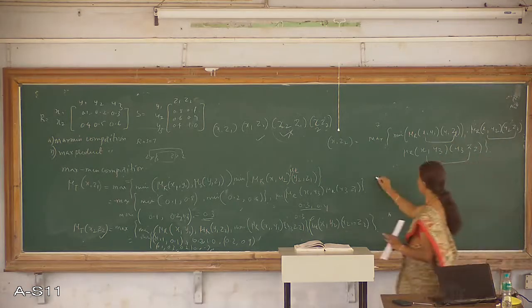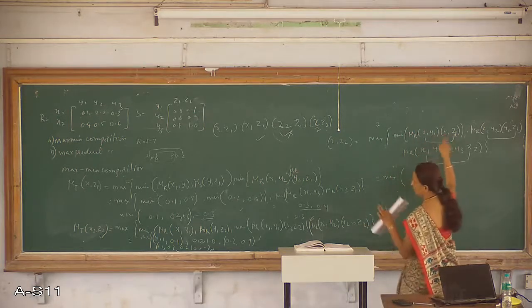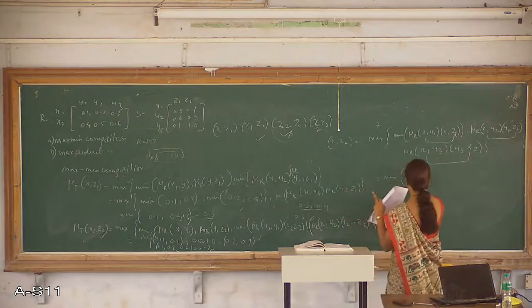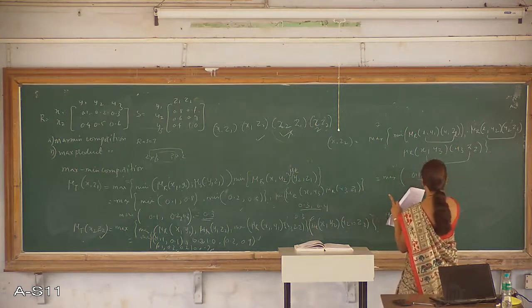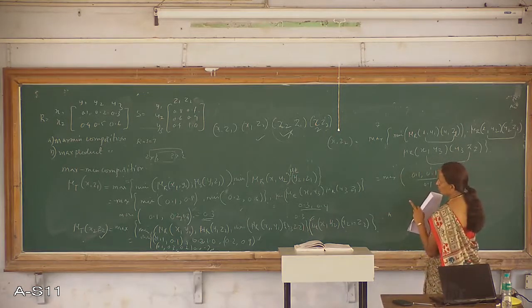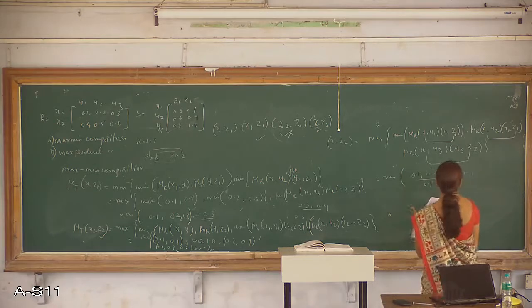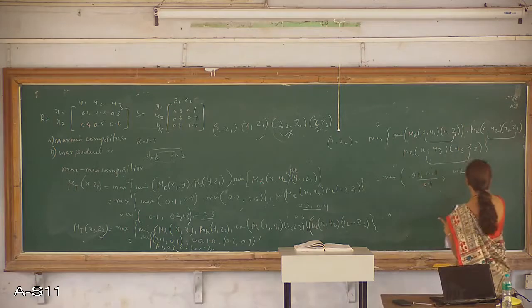So now this will be max of minimum of x1 y1 z2. x1 y1 is 0.1 and y1 z2 is 0.1, so this will give me 0.1 only. x1 y2 is 0.2 and y2 z2 is 0.9, so minimum among this is 0.2.